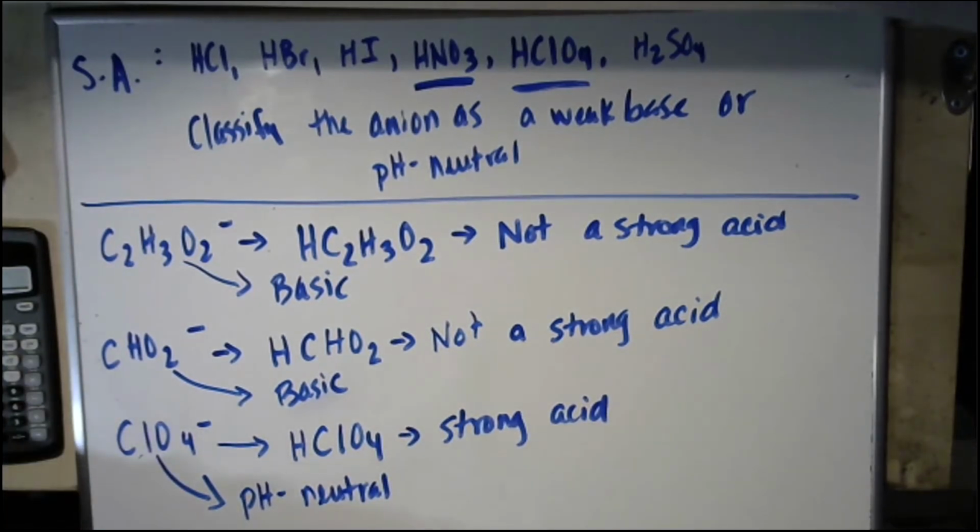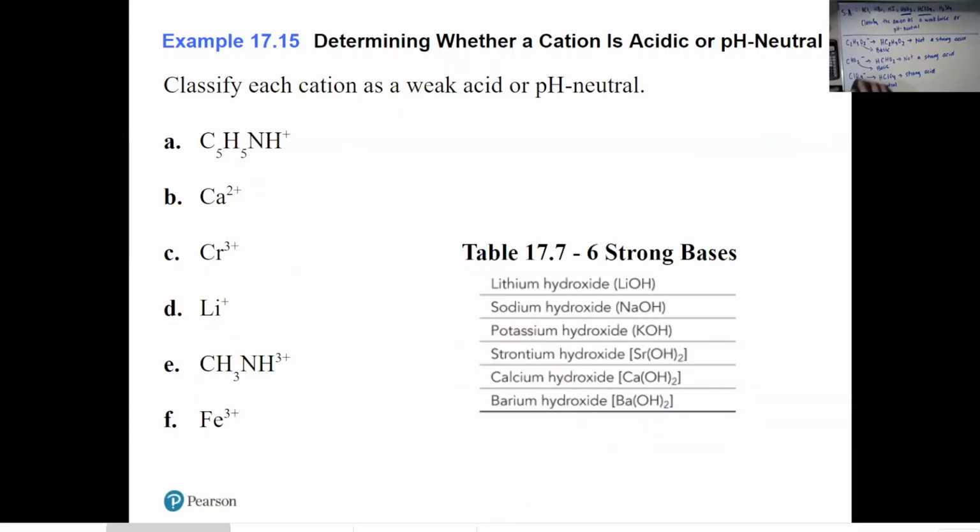Okay. Now we're going to look at the same setup with our cations. We can look at cations and we can determine whether they're acidic or not the same way.